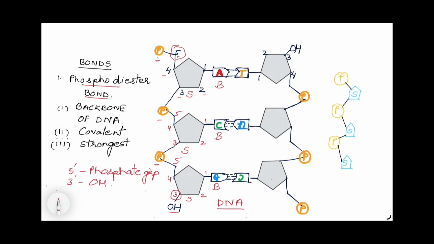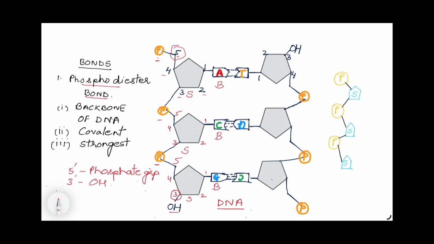So, now let us understand. If we are talking about what is 5' and what is 3', it means 5' is the end where the phosphate group is present and 3' is the end where a free hydroxyl group is present. Now, let us understand what is phosphodiester bond.